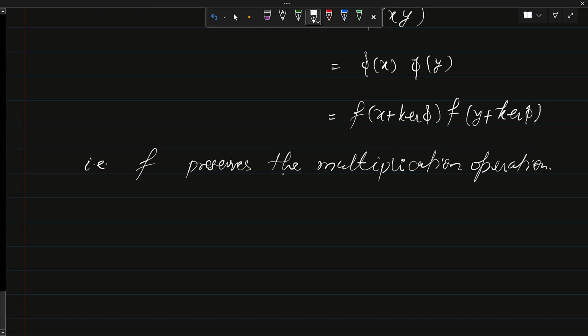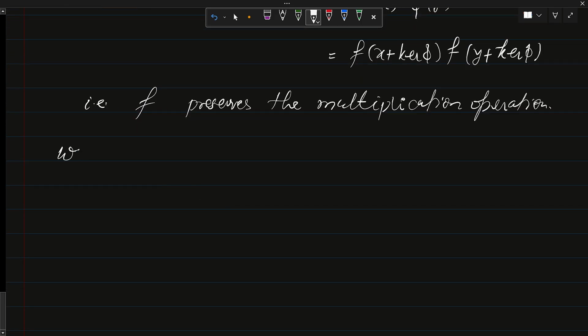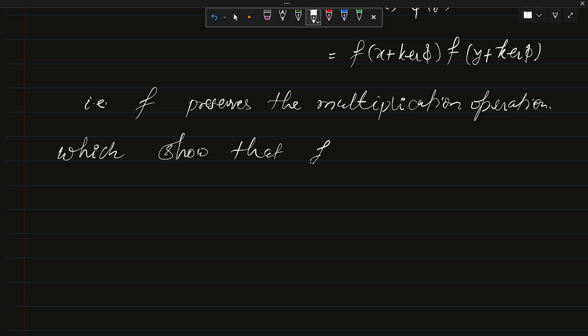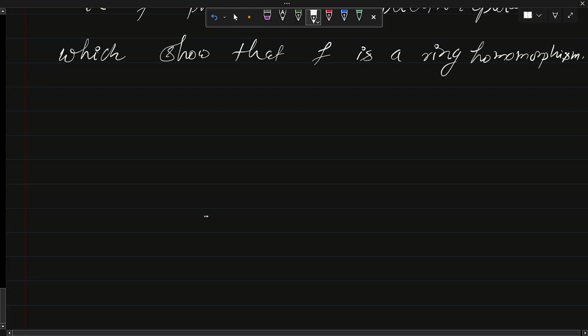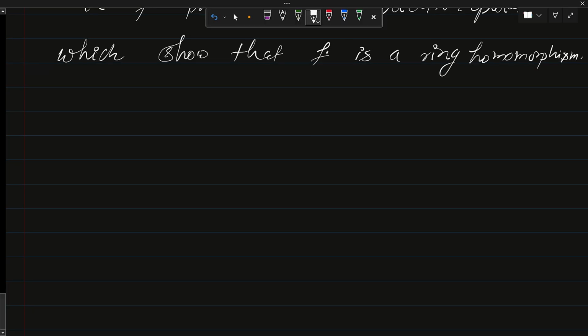Okay, and which shows that f is a ring homomorphism, और अब हमने प्रूफ कर दिया है कि f is a 1-1 onto ring homomorphism, तो f will be an isomorphism.